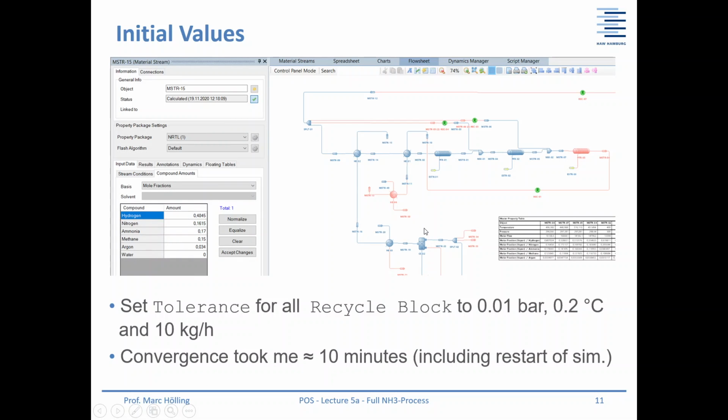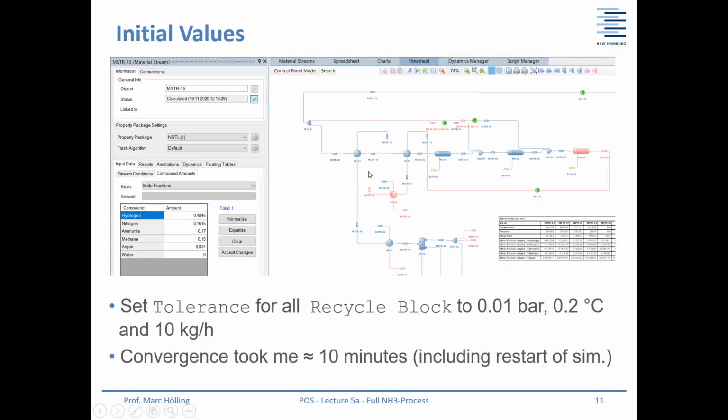After this I will go to DWSIM, but what I want to show you beforehand is that here you can see my system of the 3 plug flow reactors. Here you have the recycle that's coming back, then you have the split up for the intermediate injection, then you have the internal heat exchange, you have the steam generator here, and here my loop is not closed.